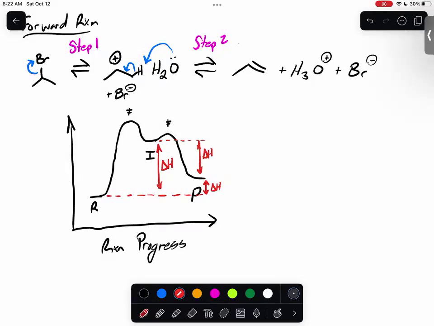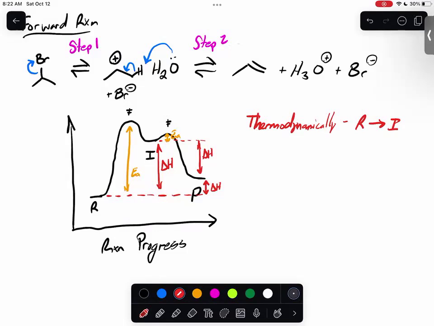We also have two different activation energies. We have the activation energy for the first step, and we have the activation energy, which is relatively small, for the second step. So what we can say about this reaction in the forward direction thermodynamically is that the reaction from R to I, that first step, the delta H there is actually very positive.